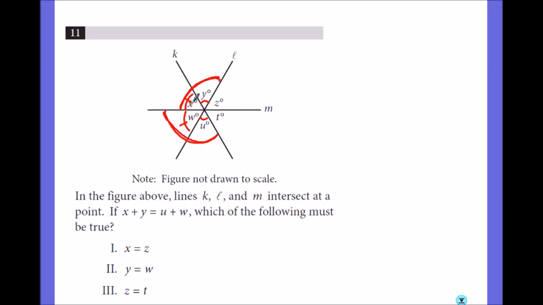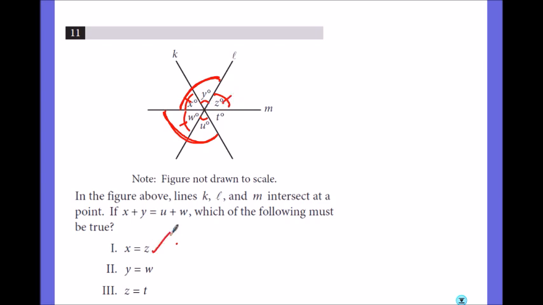If something plus something must be equal to the same thing plus something, then these two must be equal, because their sum is equal and we know one of them is equal, so the other must be equal. So is x equal to z? So x equals w, and w is equal to z because they are vertical angles, so yes.